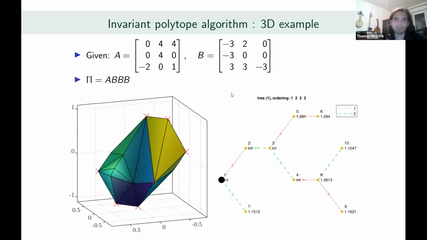Here's another picture in 3D. The nice thing about this algorithm is you can make really beautiful pictures if you don't know what to prove currently. In this example, our SMP has length 4. It's ABBB. Here is a picture of the invariant polytope, and this is a tree which encodes all the vertices of it.